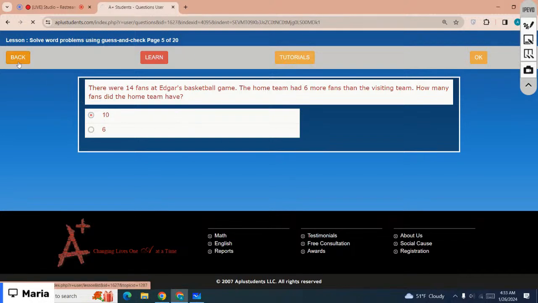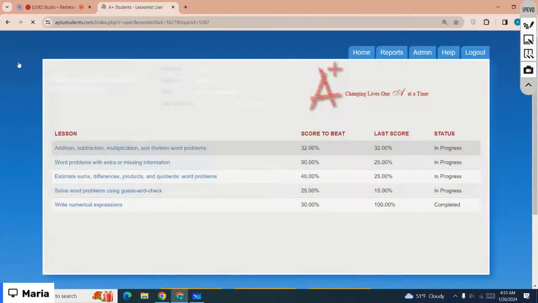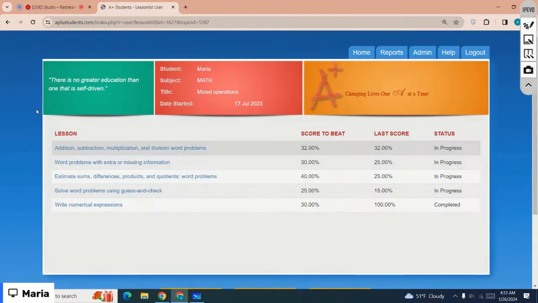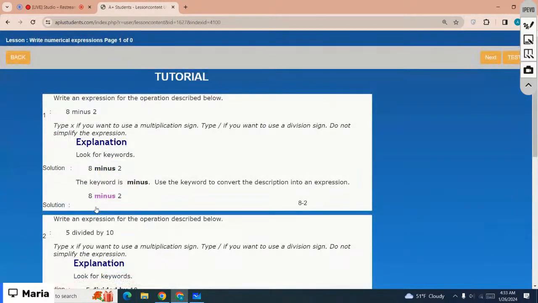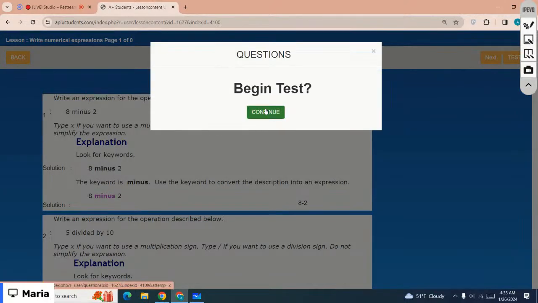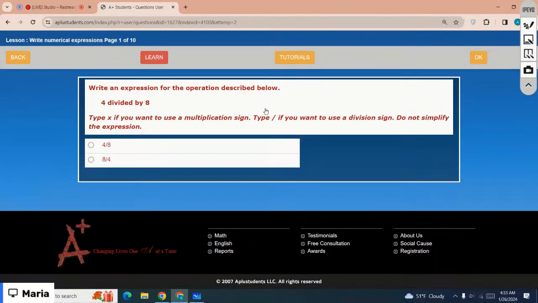Okay, you can complete the lesson by yourself later today. Let me just move on to the next lesson. The next lesson is write numerical expressions. Let's start with the test questions. Which expression is for the operation described below, 4 divided by 8? Which is the correct option, 1 or 2?